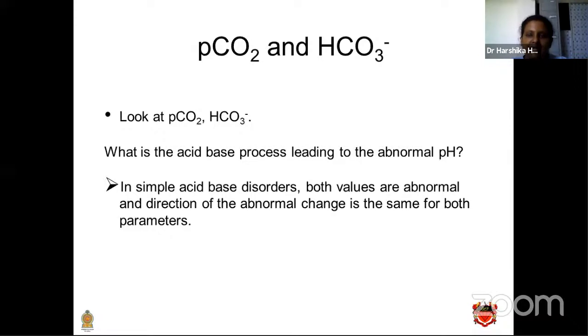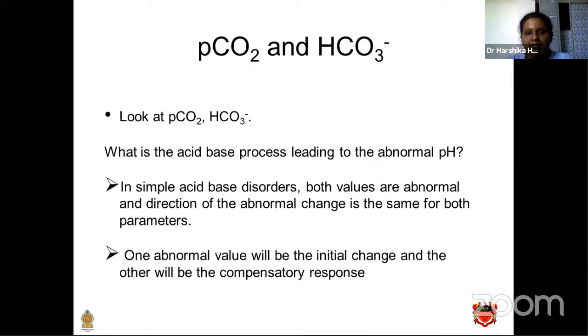What it simply means is, if your CO2 tension is high, your bicarbonate level should also be high. That is why it mentions the direction of the abnormal change is the same for both parameters. As I go along, you will understand more. Don't worry if you didn't understand this statement.